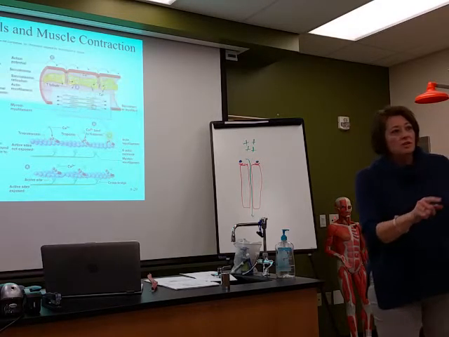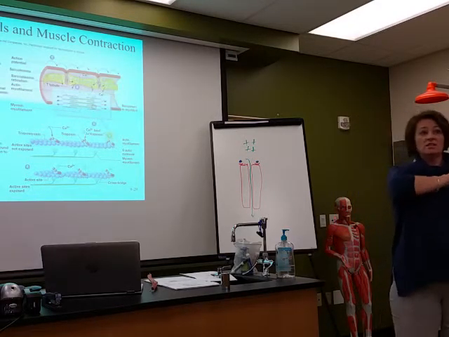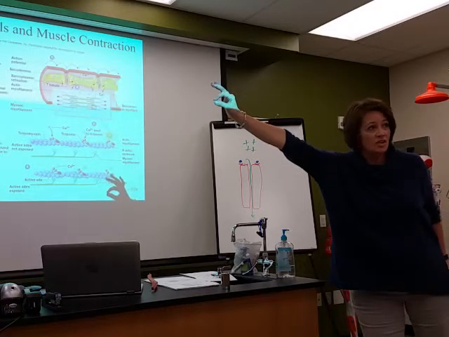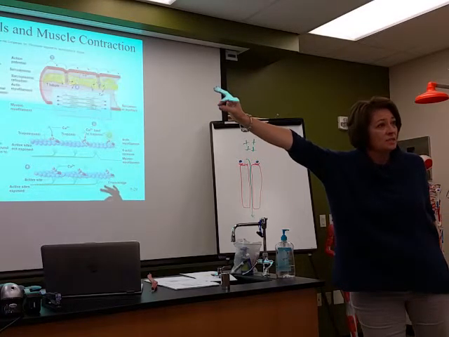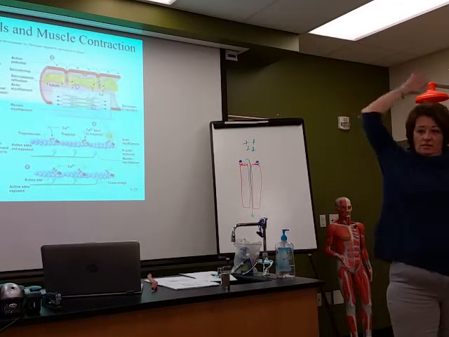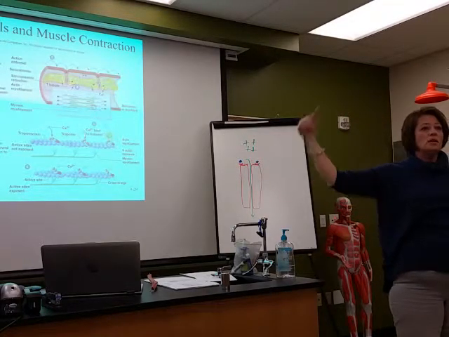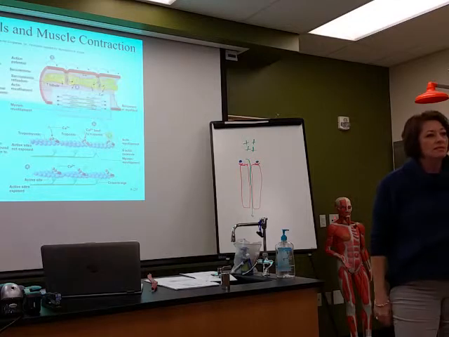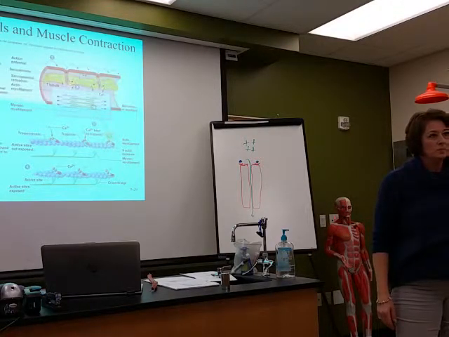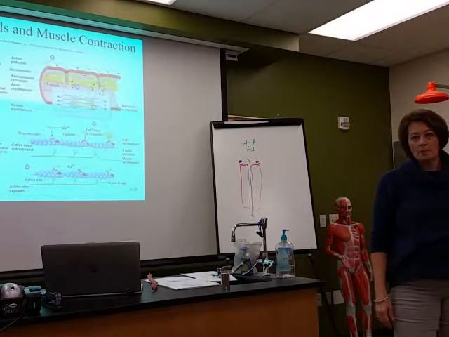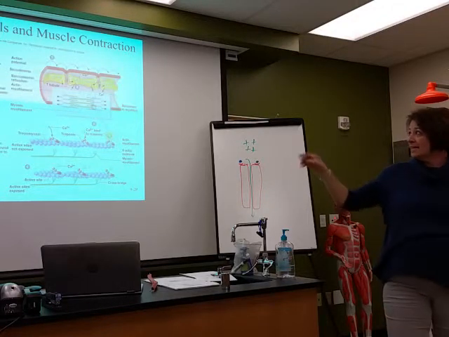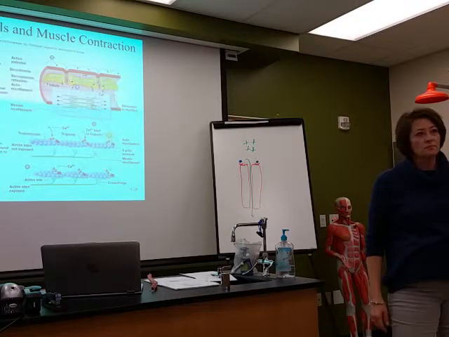Until that nerve signal ends, the calcium goes back into the sarcoplasmic reticulum, and those active sites get covered back up. No more attachment with the myosin heads. And the coupling's the excitation and activation? Excitation and contraction.